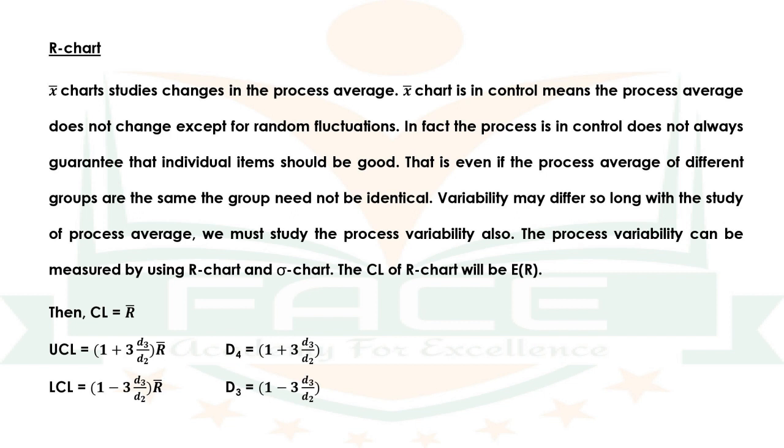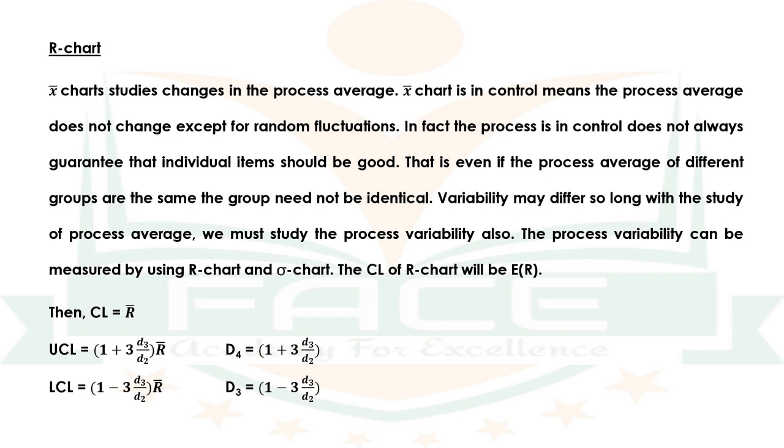The process variability can be measured by using the R chart and sigma chart. The control limit of the R chart will be the expectation of R. Then the central line is R bar and UCL is equal to 1 plus 3 d3 by d2 into R bar, where D4 is 1 plus 3 d3 by d2.